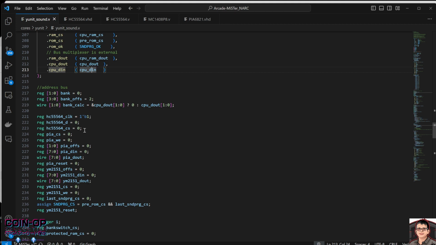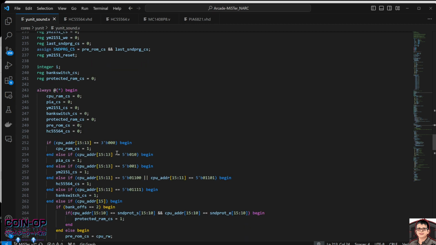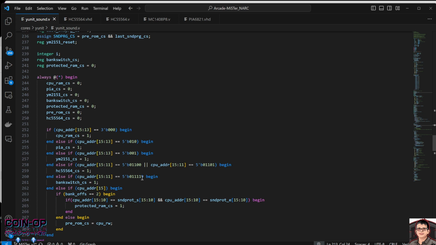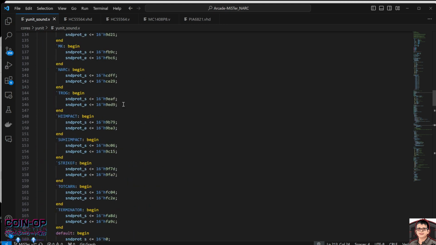So usually how I implement the address bus is combinational, and I usually check whether the address is matching some mask. I try to do it by bit selecting, but sometimes that's not always possible, right? And we have to actually check a range. So for example, for protected RAM, it's not possible to use a mask there, because if you take a look at these, you're not going to be able to come up with a mask that satisfies this in all cases.